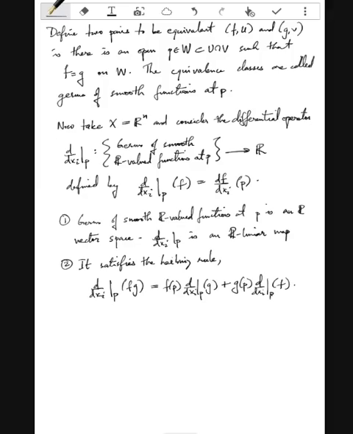So here f and g represent two germs. So this makes sense, since to apply d by dxi at P, we just need that f should be defined in a small neighborhood around P.